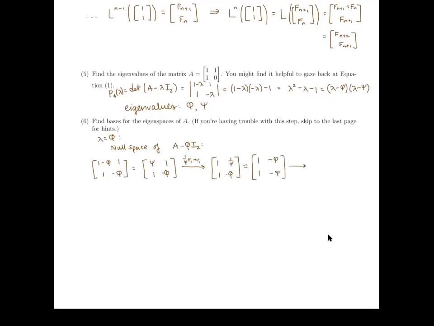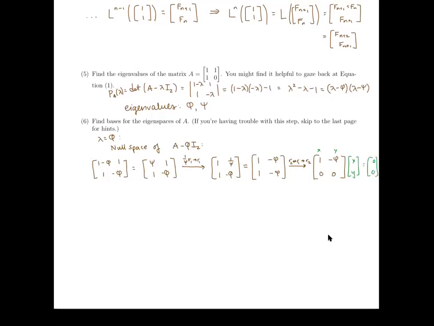And we're going to row reduce this by taking row 2 minus row 1 to row 2, and we get 1, negative phi, 0, 0. And now if we think about this as telling us that x plus negative phi y equals 0, because we sort of got this implicit, right? We're multiplying by x, y. We're setting it equal to 0.